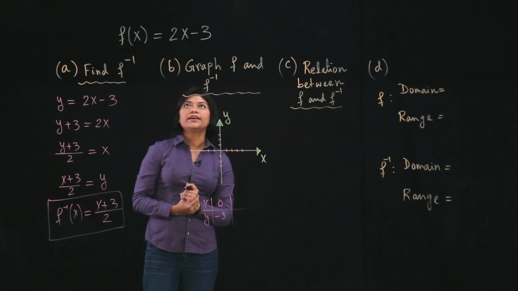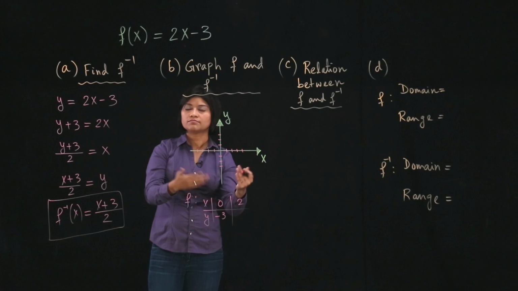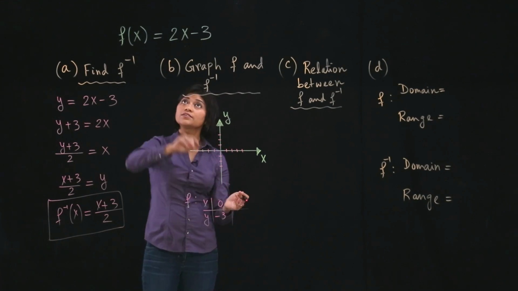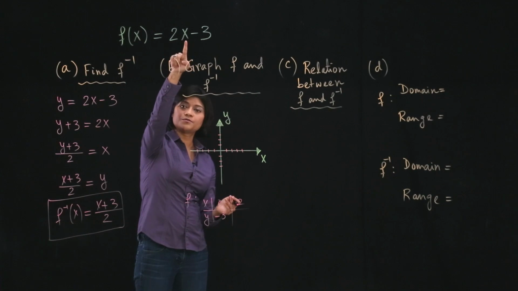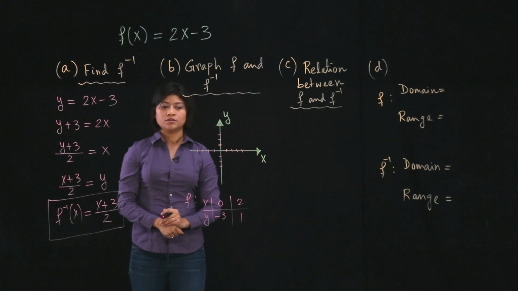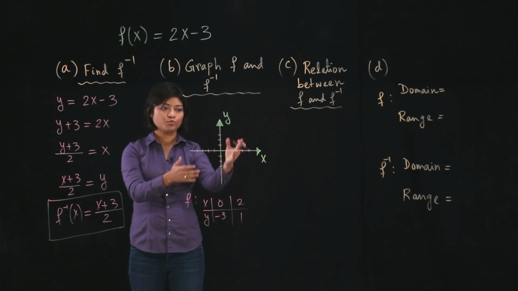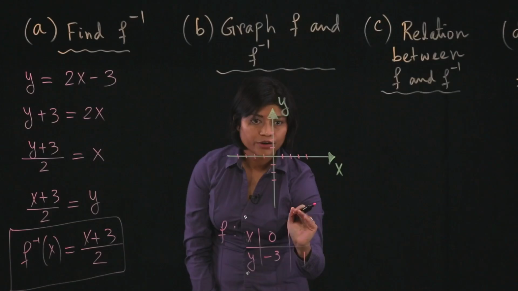And then let's plug in, say, x equals 2. You can choose any points. I'm just randomly choosing 2 points. So if we plug in x equals 2, what is the y value? 2 times 2 is 4. 4 minus 3, that's 1. So those 2 points will give us exactly what this line will look like. Let's plot that right away.